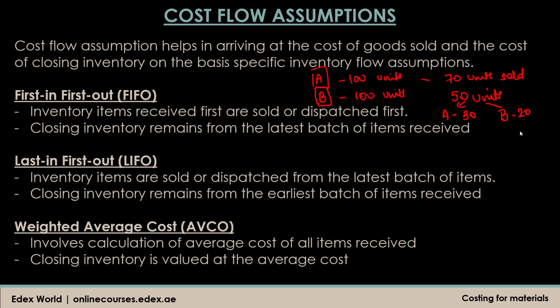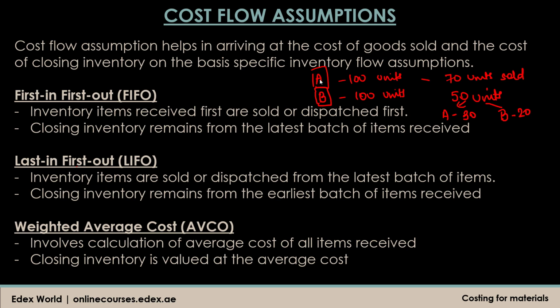That is FIFO. The next one is called last in, first out, which is exactly opposite of FIFO. It's also called LIFO. Here, the assumption is that the dispatch of inventory items or the sale of inventory items is always from the latest batch first, and then if required, the earlier batches are used. So it also follows that the closing inventory in this case will always remain from the earliest batch of items received.